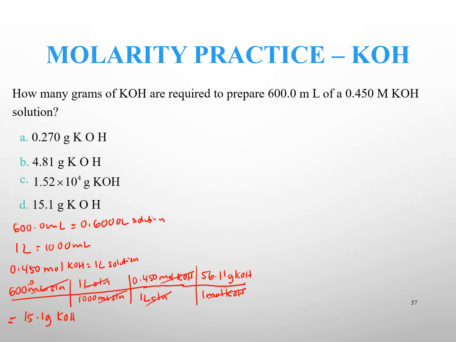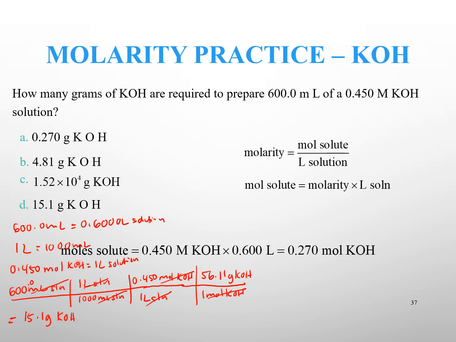Now, that's one way to do it. If you forget your formulas, you can just use dimensional analysis. You can also remember that if molarity is moles of solute per liter of solution, moles of solute is molarity times liters. So you can get the moles of KOH by calculating the molarity times the 0.6 liter, and then you just use the molar mass to convert the moles to grams.